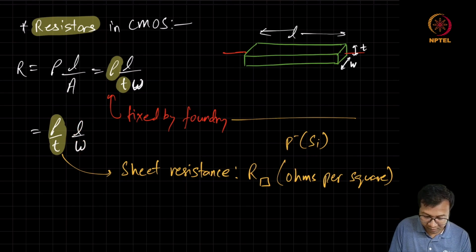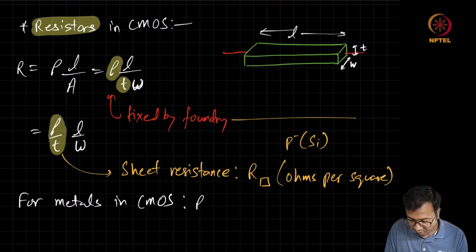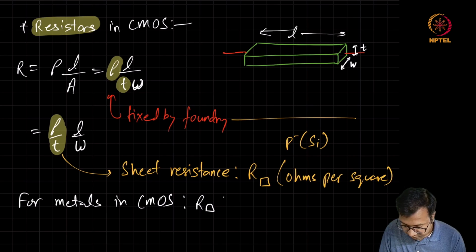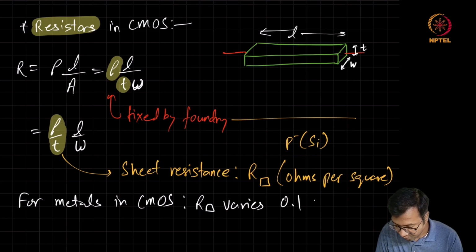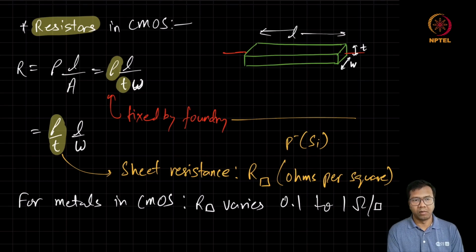For metals in CMOS, this R square or the sheet resistance varies in the range of 0.1 to 1 ohm per square, which is really low.